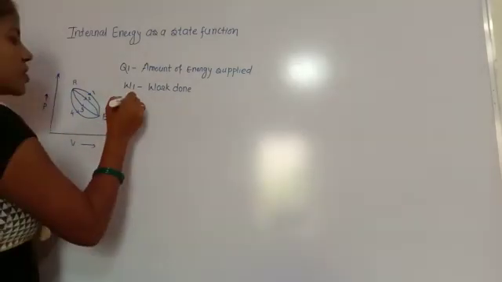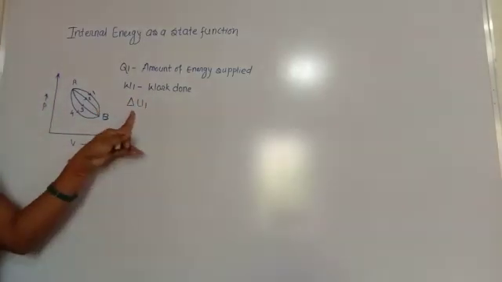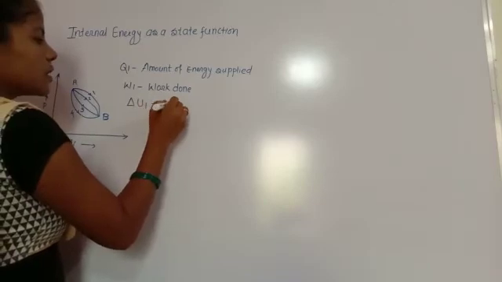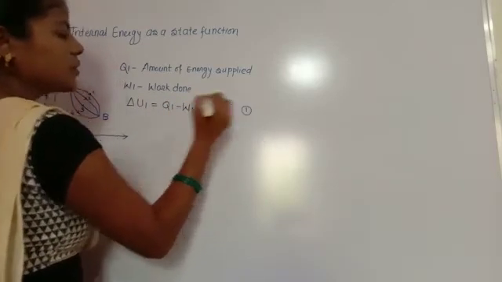Therefore, the change in internal energy for the first path, ΔU1, is equal to Q1 minus W1. This is the first equation.